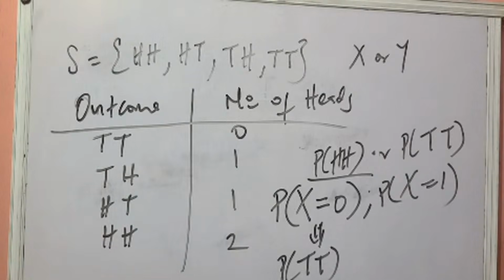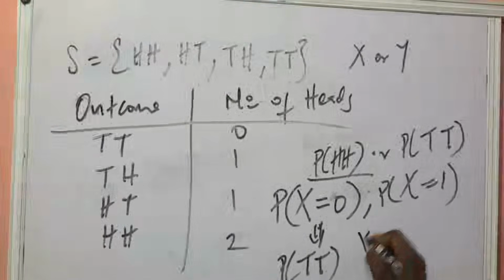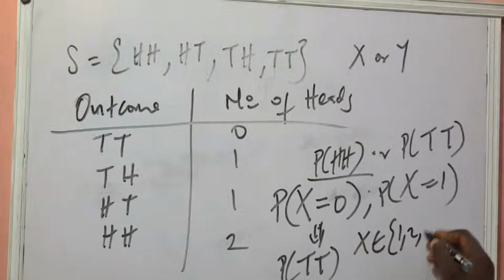So I could assign 1 to me seeing a head and 0 to me seeing a tail. Now, in the case of when you toss a die, of course, you could have your random variable X representing a set of 1, 2, 3 up till 6.